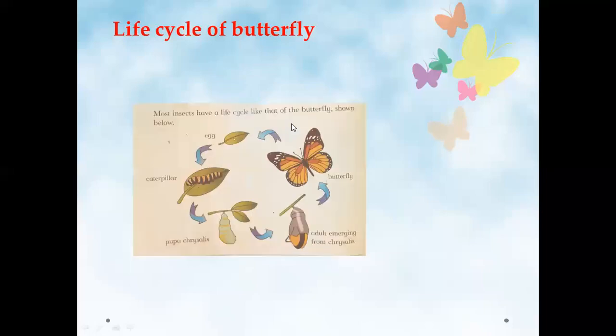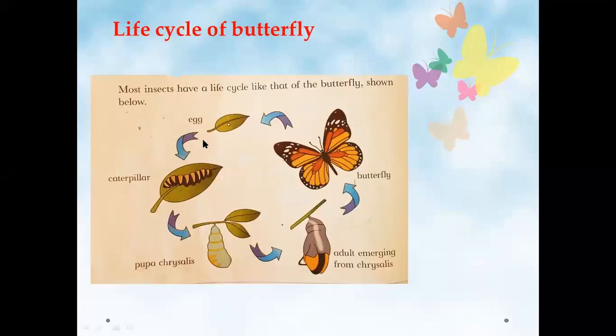Now we will study the life cycle of the butterfly. This is also book page number 18. Most insects have a life cycle like that of the butterfly shown below. A butterfly lays eggs on the leaf of a plant.